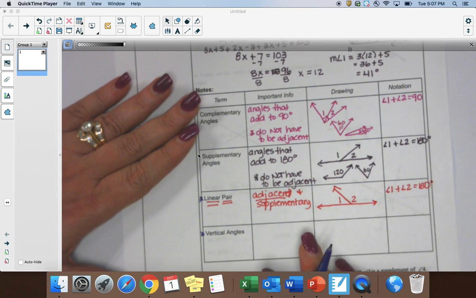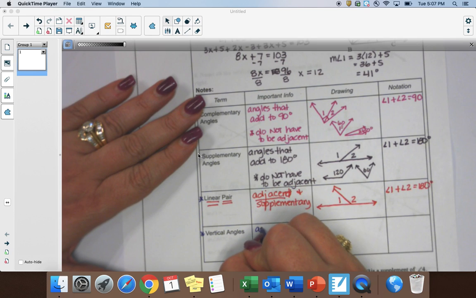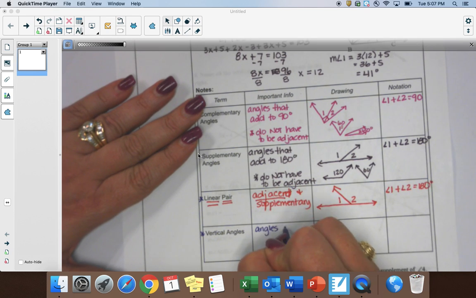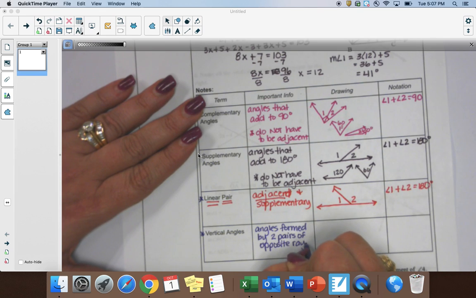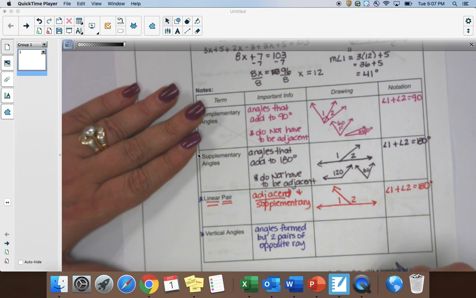So vertical angles are angles formed by two pairs of opposite rays. Remember, we just talked about what an opposite ray is, and an opposite ray forms a straight angle.